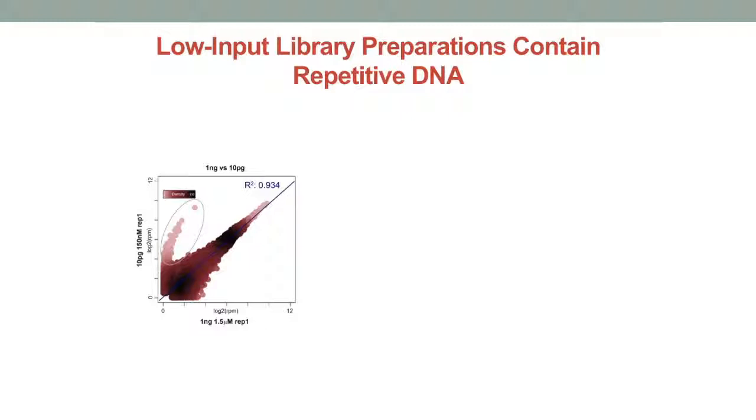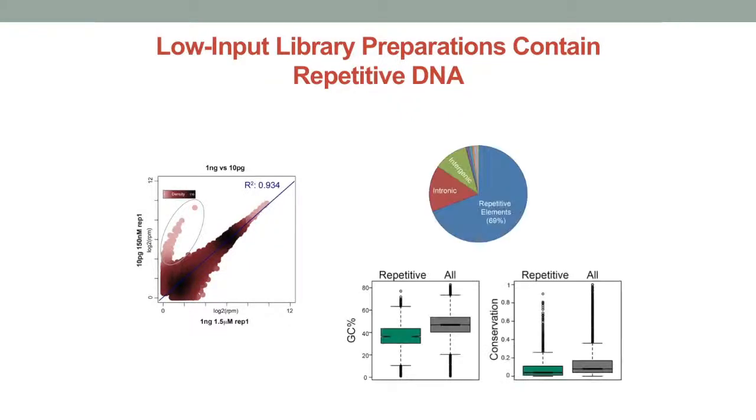And when we look at what these are, they're repetitive elements. So when you get really low amounts of input material, we're starting to sequence some junk DNA. They have a very different GC content than the rest of the library, and they are not conserved. So you're starting to amplify some junk, although it's a very small amount of your library.